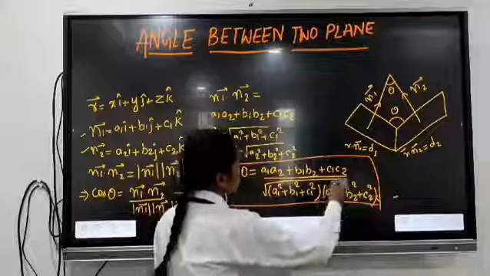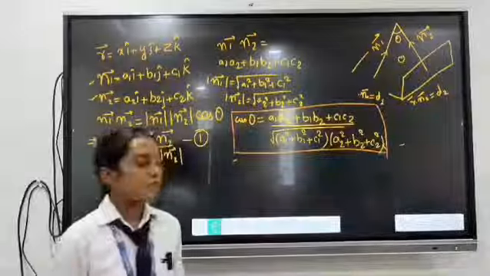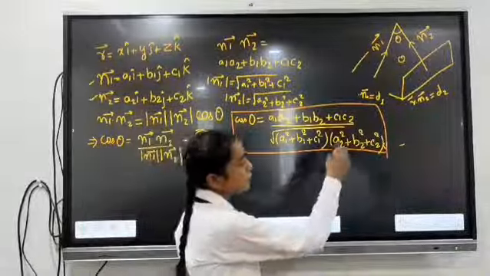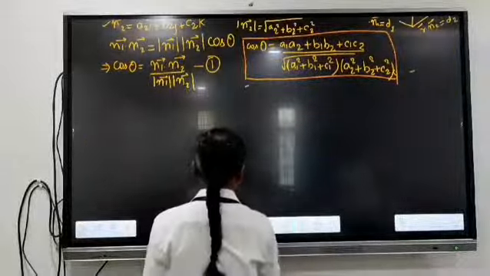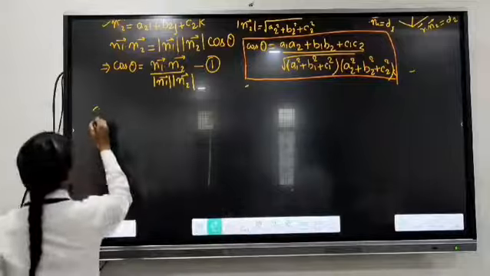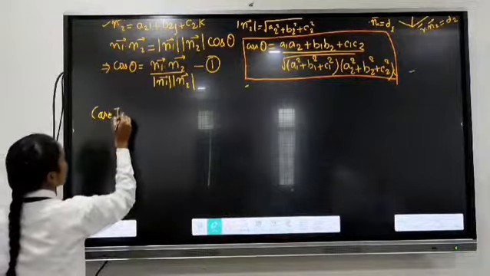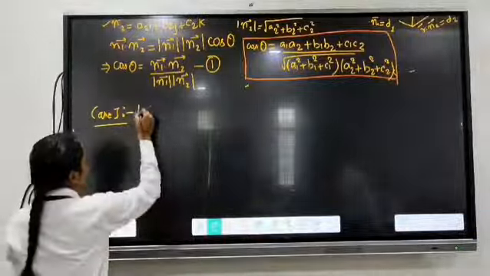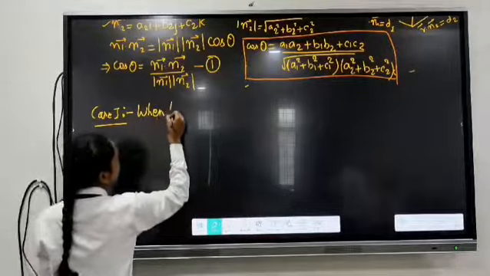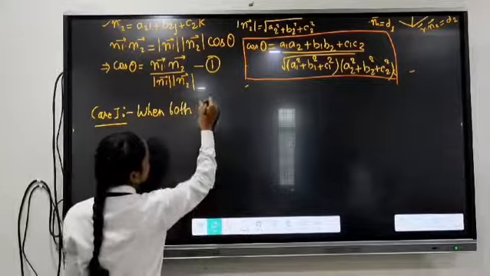Now I will take the first condition. This is a way that we can find the angle between two planes. Case 1 is when both of the planes are perpendicular to each other.